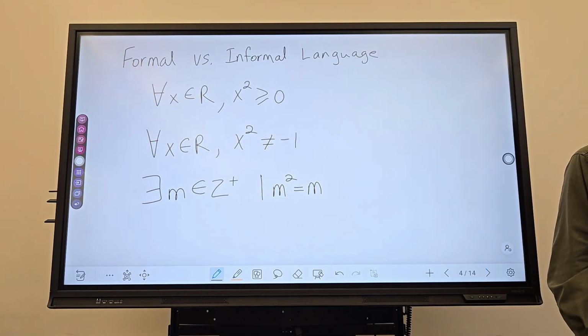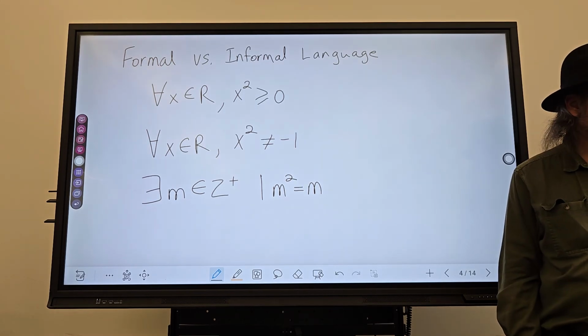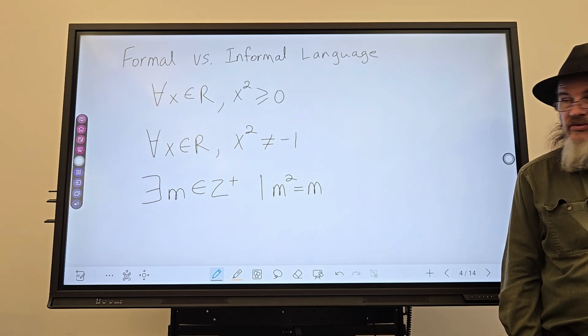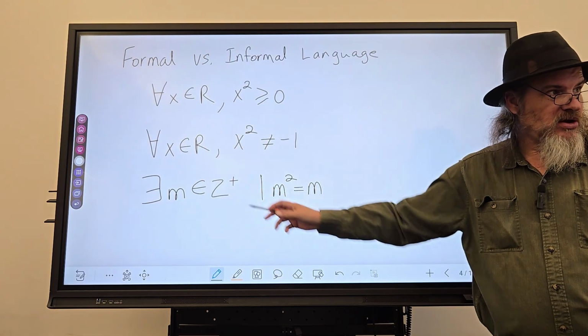Informally, that would be: there's Z plus, positive integers.